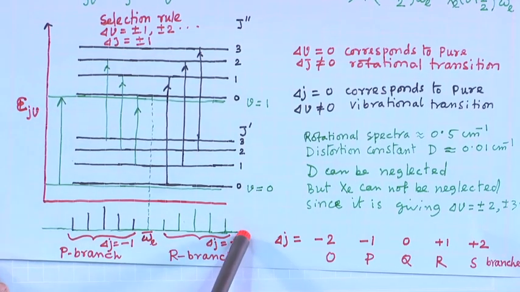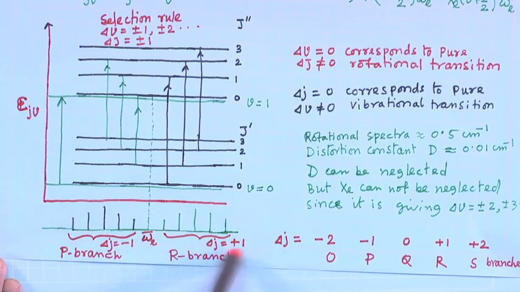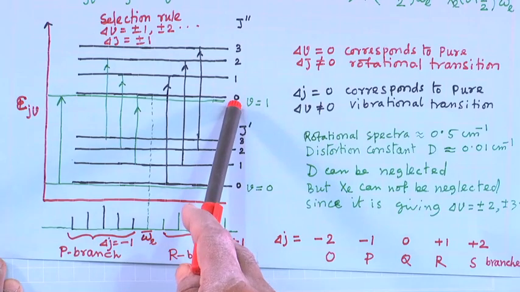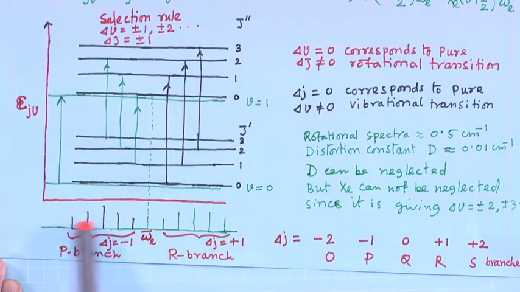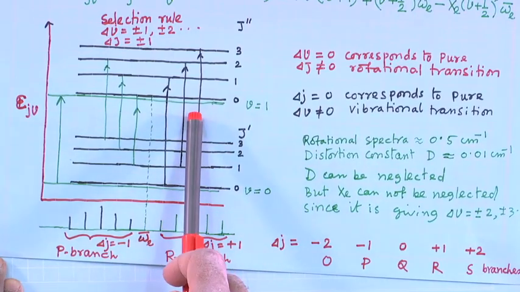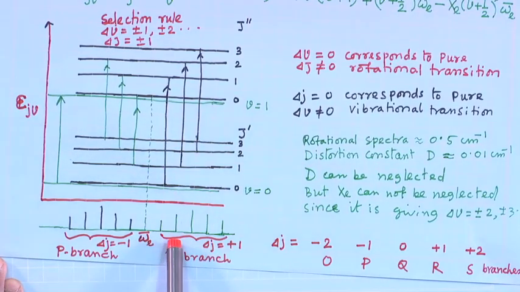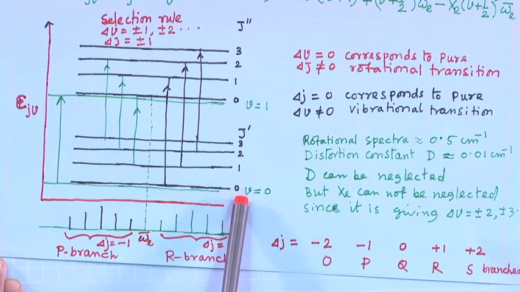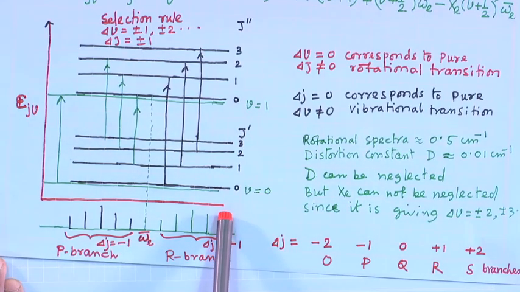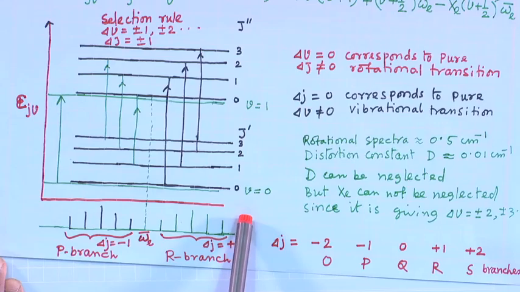Here we are getting many spectral lines from the transition between two vibrational levels, and this energy separation is very small, in the order of 10 to the minus 1 centimeter inverse, compared to the vibrational energy separation, which is in the order of 10 to the power 3 centimeter inverse.